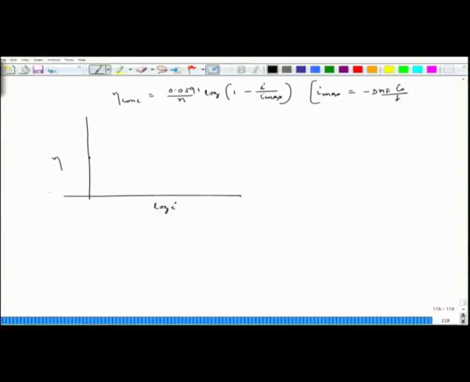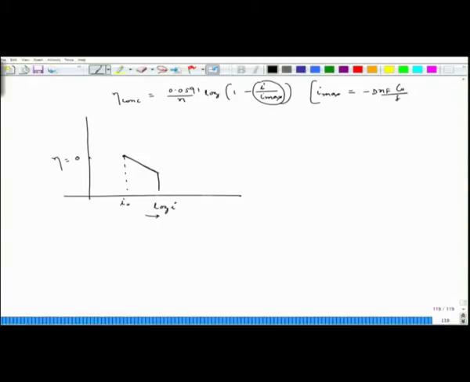Now, when we have 0 overvoltage, this is I0 value, where the polarization is nil, then first concentration polarization will start, and then once we reach I max, because the current density is gradually increasing, this becomes 1 minus 1, so eta concentration would be infinite.